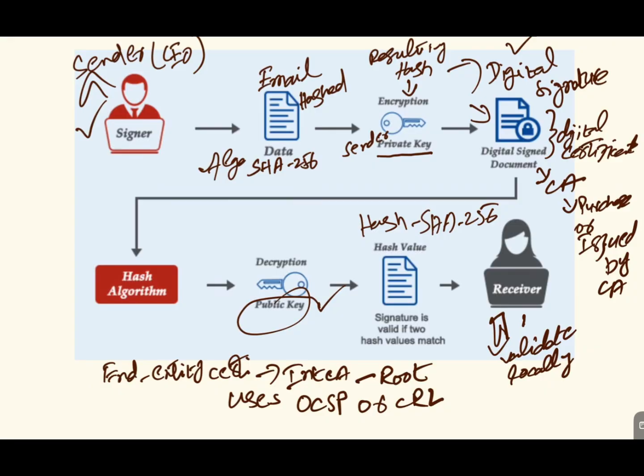The public key is used to decrypt the digital signature. The digital signature reveals the original hash. So you decrypt the digital signature and you get the original hash.